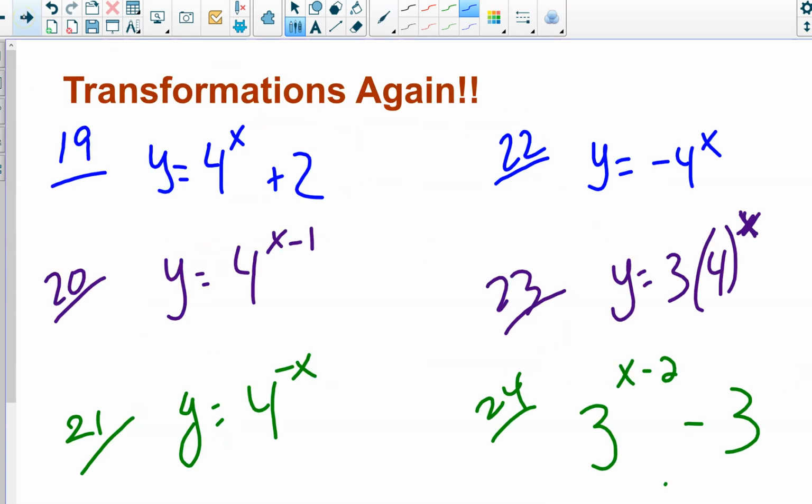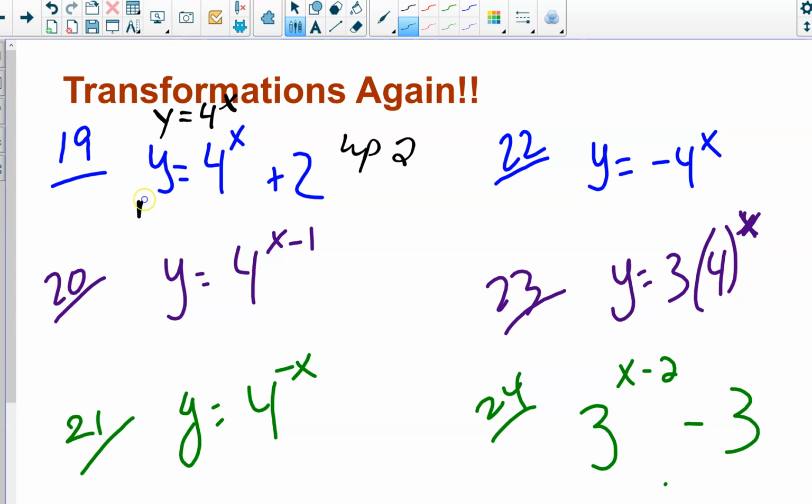If we were to look at transformations again, I just want to show you these with exponential functions. So this first one here is going to go up 2, because the parent function is y equals 4 to the x. It looks a little different because there's a 4 in there, but that is the parent function.